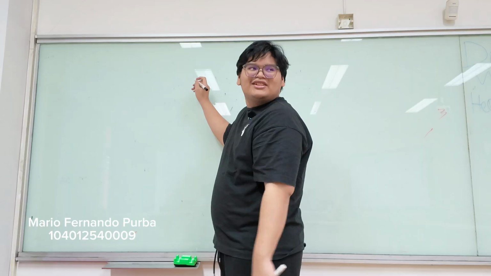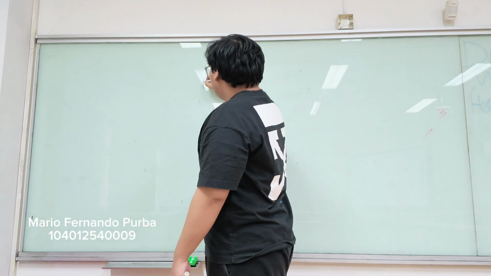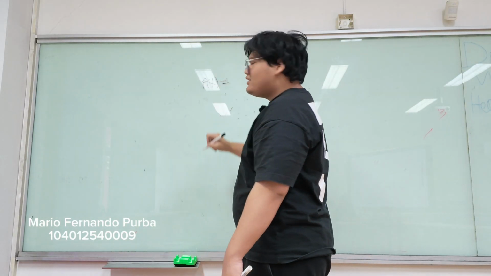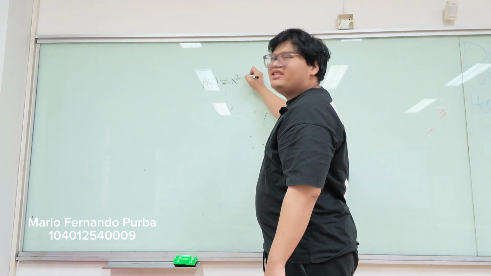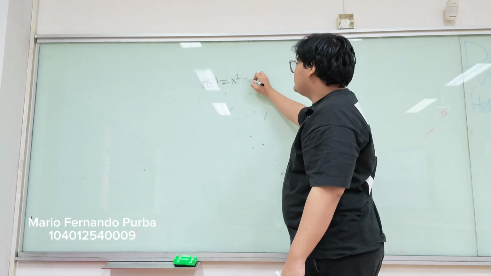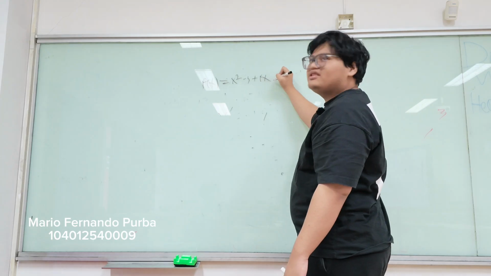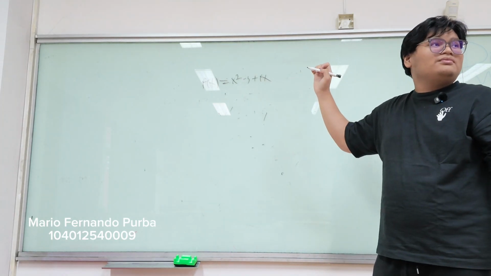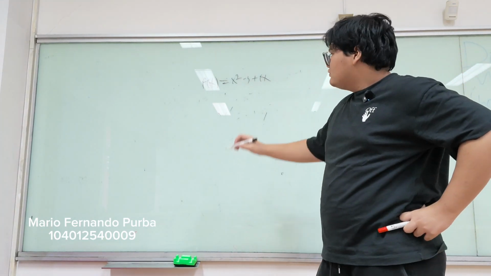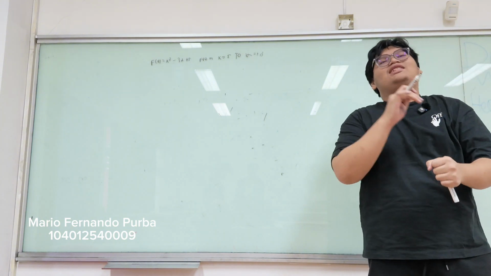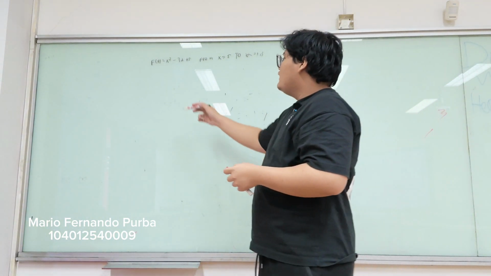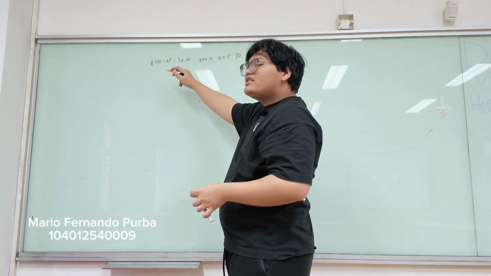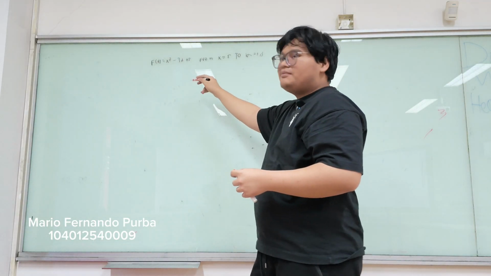Okay, we'll go on to the next example. f(x) equals x cubed minus 3x plus 5. So let's begin again. We got this function, f(x) equals x pangkat 3 minus 3x plus 5.